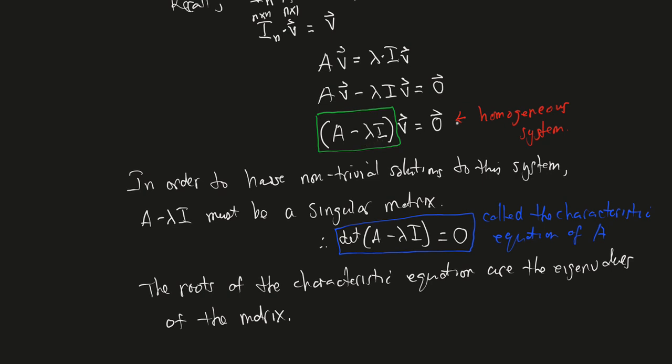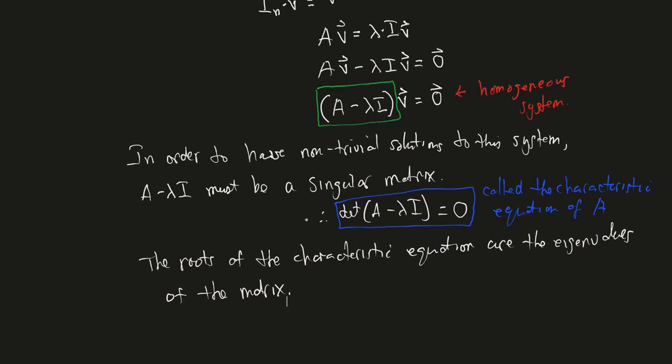The only unknown in this homogeneous system is going to be the v's, and I can solve for the v's, right? So let's do an example first, finding the eigenvalues of a 2 by 2 matrix, and then see if we can determine what the corresponding eigenvectors are. All right.